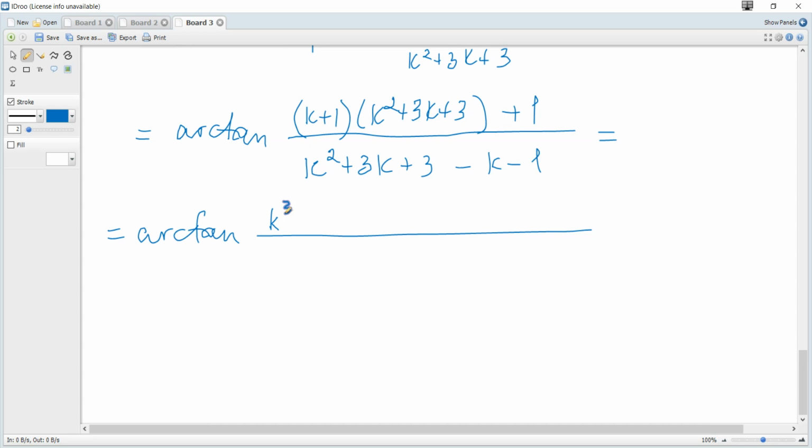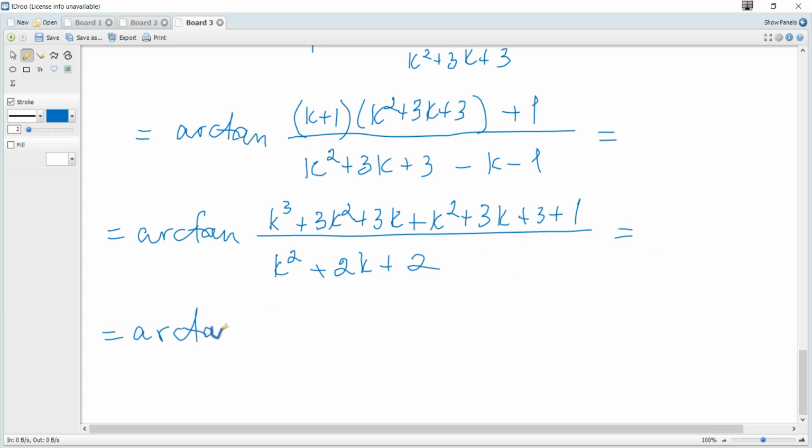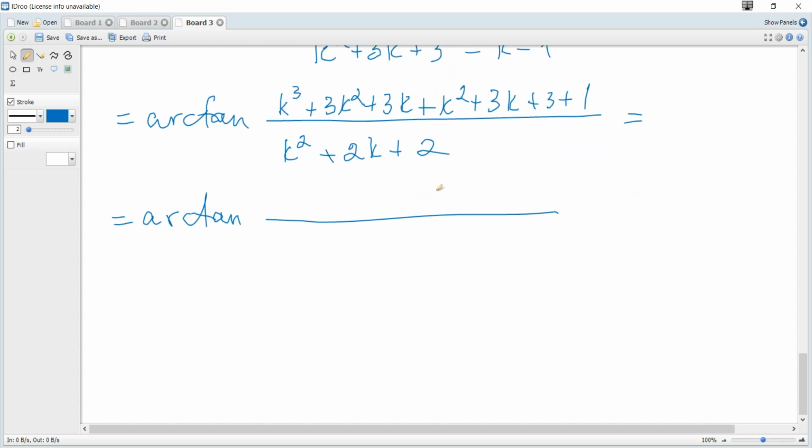So it becomes k cubed plus 3k squared plus 3k plus k squared plus 3k plus 3 plus 1, divided by k squared plus 2k plus 2, is arctangent of k cubed plus 4k squared plus 6k plus 4 divided by k squared plus 2k plus 2.